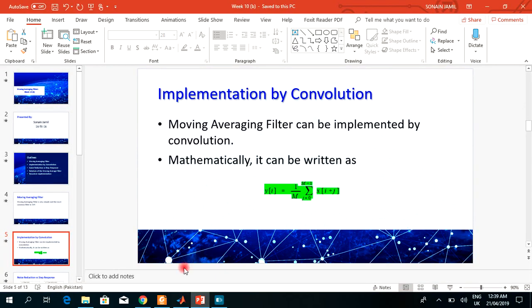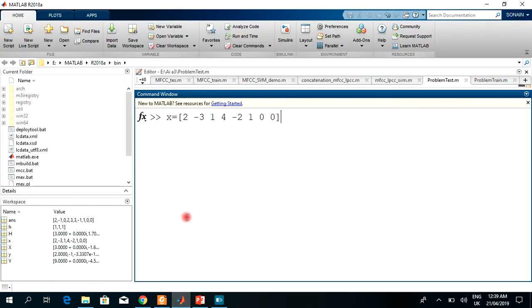Now let's have a little activity on MATLAB. Let's suppose I have this signal and I want to apply a 3-point moving averaging filter. This is the 3-point moving averaging filter.